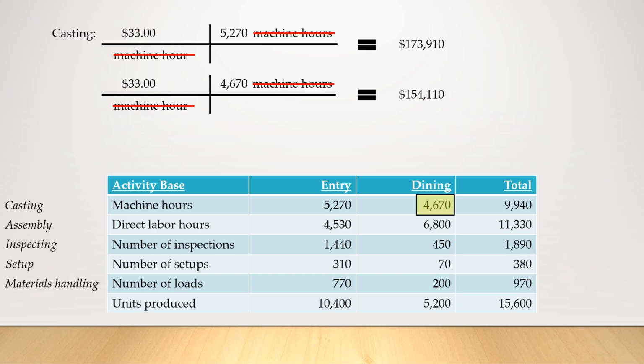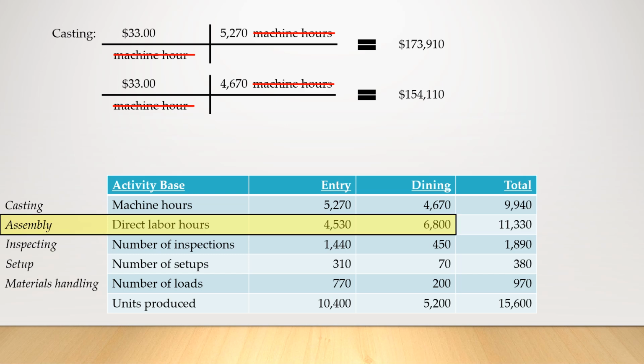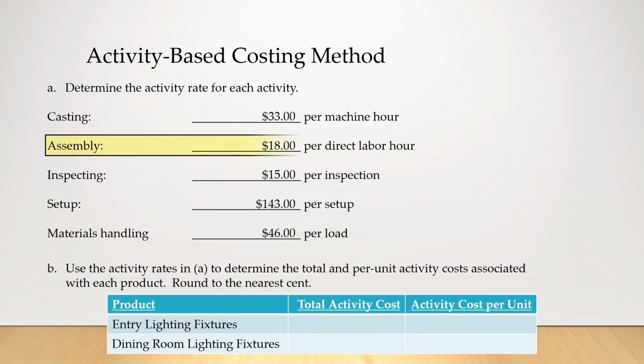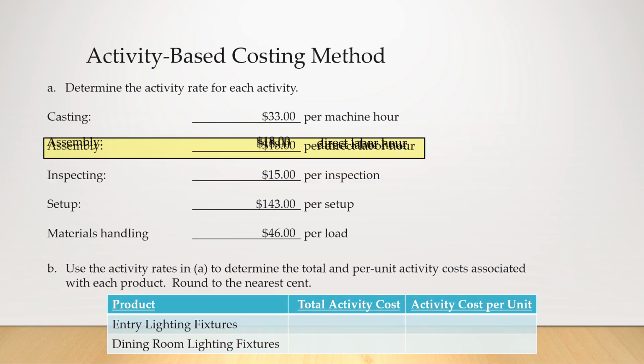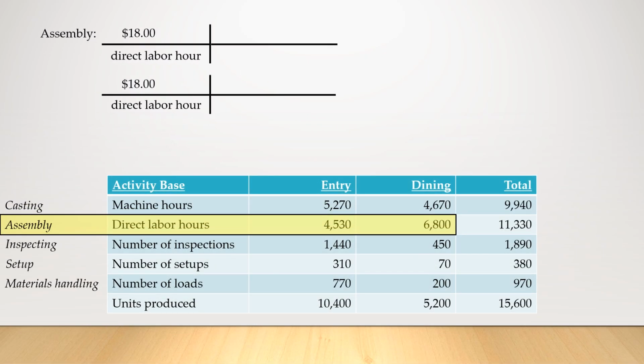Next, we'll repeat this process but for assembly. Assembly has a cost allocation rate of $18 per direct labor hour. Multiply this specific rate by the hours allocated to entryway and dining room fixtures, and the total assembly cost is $81,540 for entryway and $122,400 for dining room fixtures.